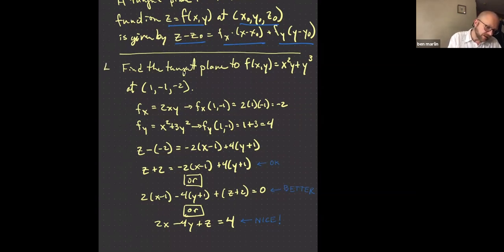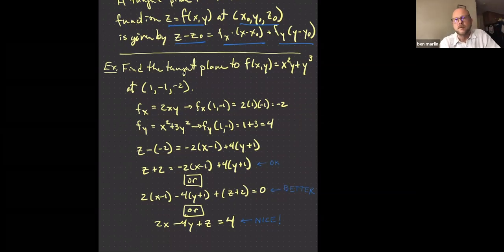So then here, if we've got a problem that says, and maybe I'll change it so that it says that this is an example, find the tangent plane to f of x, y equals x squared y plus y cubed. That's almost exactly the same thing we had before. I changed it a little bit just so the numbers would be nicer. Last time it didn't matter because it was all algebra and it was all going to be nasty. But now I just wanted the numbers to work out a little bit better.